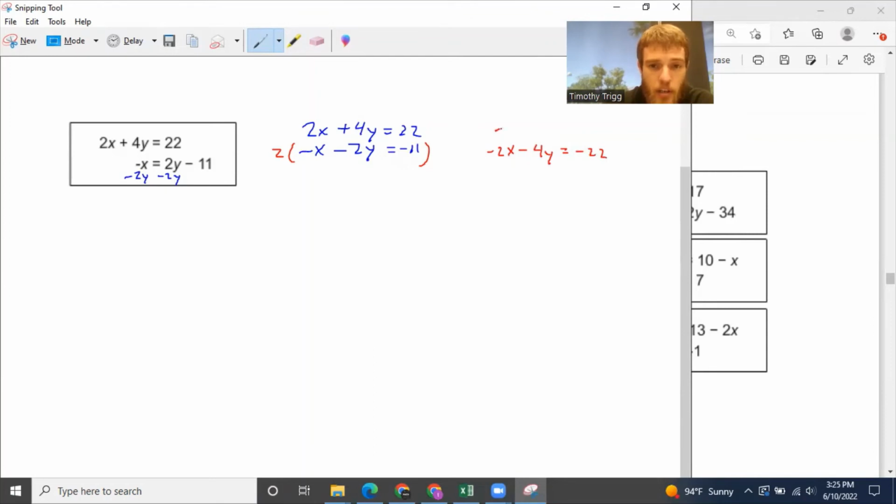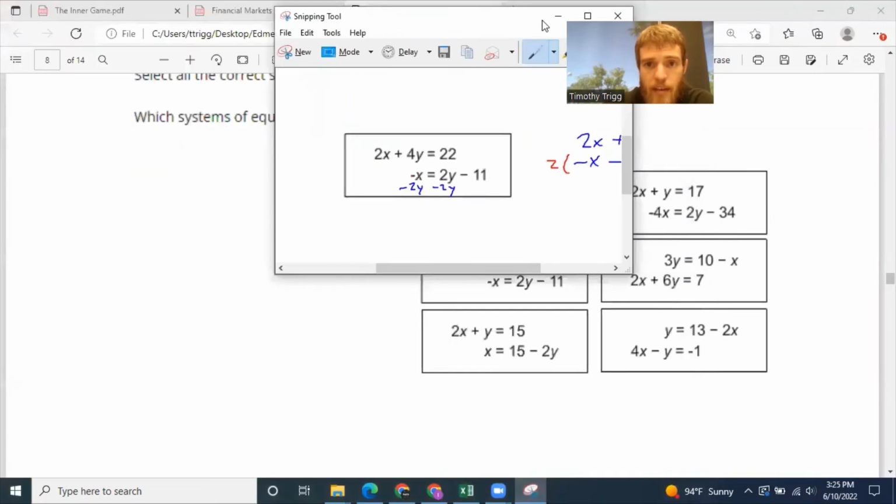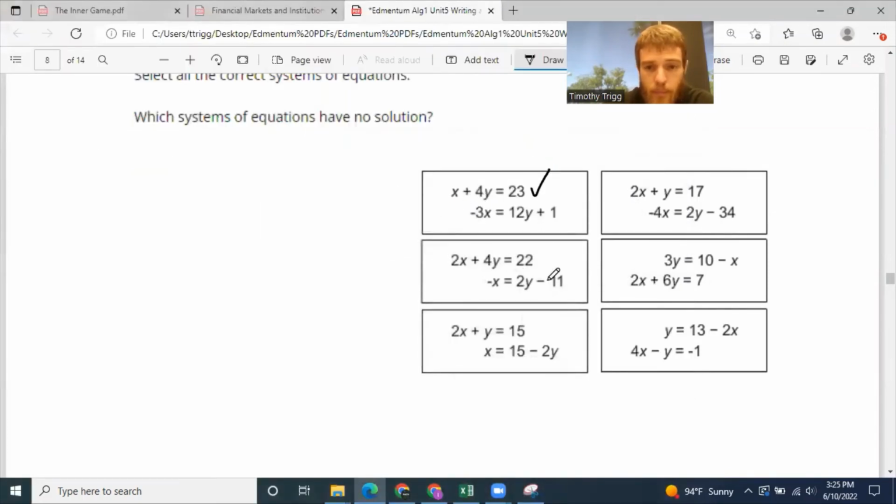The top equation had no need to change, so I could just rewrite it. You can see here that if I add these together, this eliminates, and this eliminates. So you get 0 equals 0. Well, that would have infinite solutions. So we don't want to click that. This one would have infinite solutions. So don't click it. Let's go ahead and do the next one.